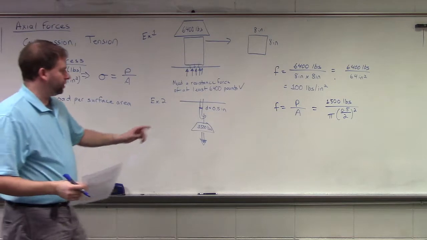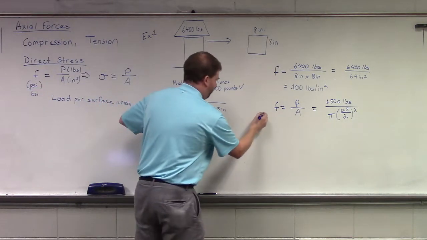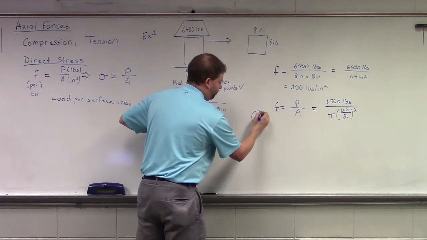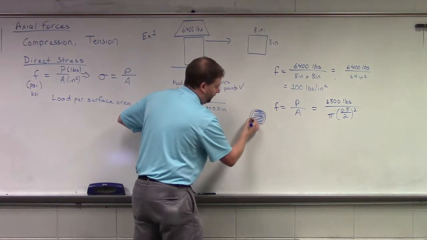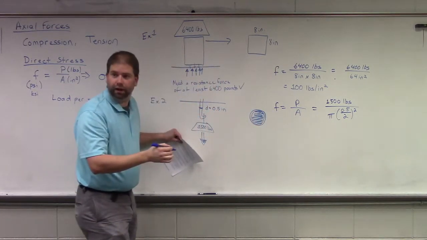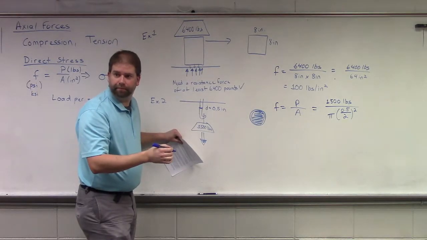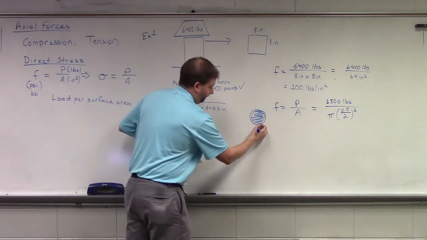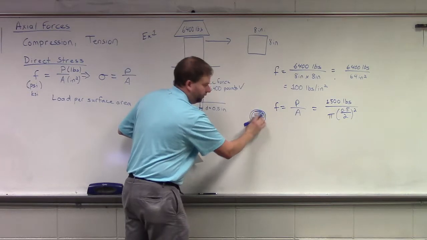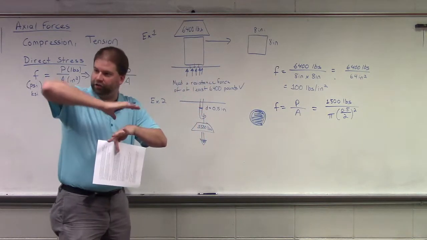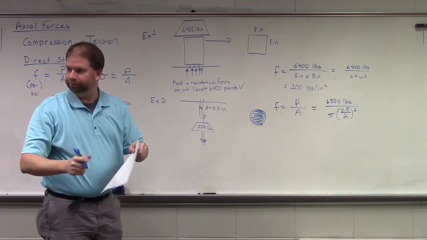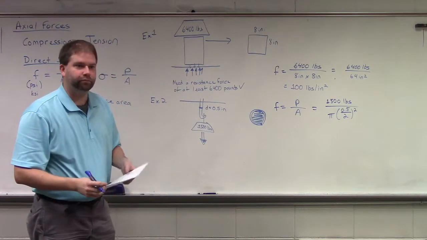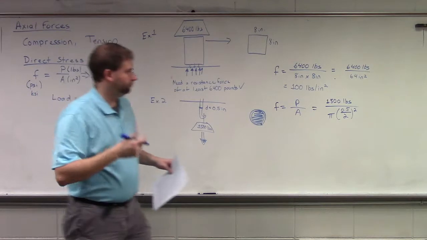But we're interested in this dimension, not this dimension, okay? Because remember, we want to bear on that entire surface. We don't want to just bear on the perimeter of it. The diameter is 0.5, you need the radius.